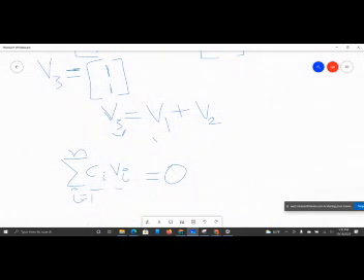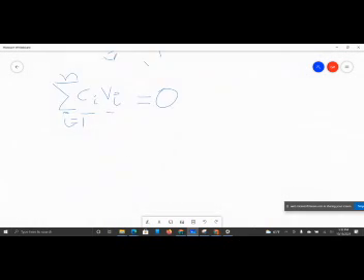C2, the multiplicand for V2, would be 1 as well. And the multiplicand for V3 would be negative 1. And so we would end up getting 0. If there is such a relation, then we can say that this sequence of vectors is linearly dependent.